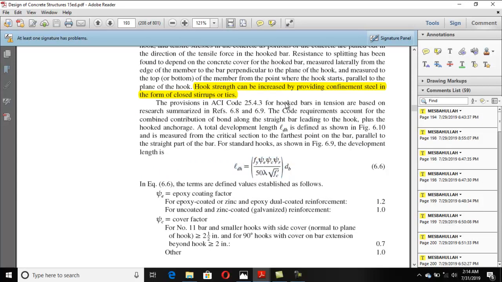This is the same formula as given in the McGregor and Cormick book, but they don't use this 50.